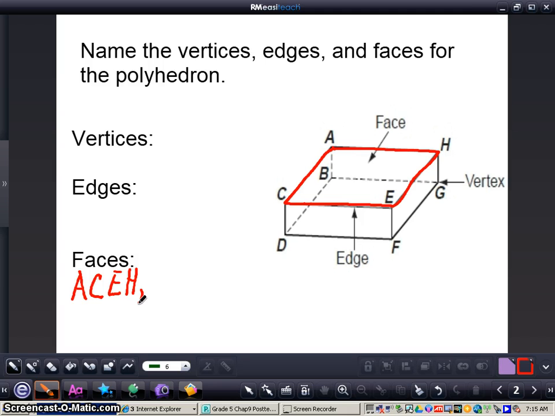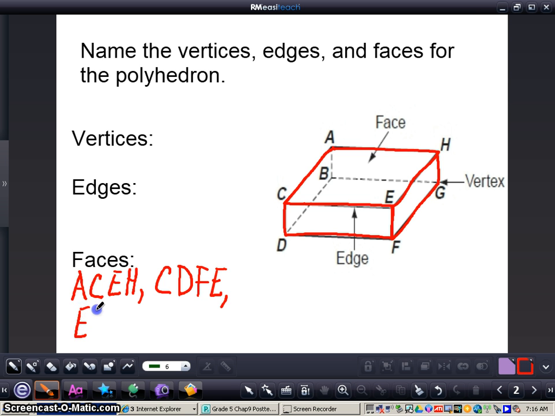My next face, what I will look at, is, once again, C, D, F, and E. Okay, another face that I see within this solid figure, E, F, G, H. So I will write that down.